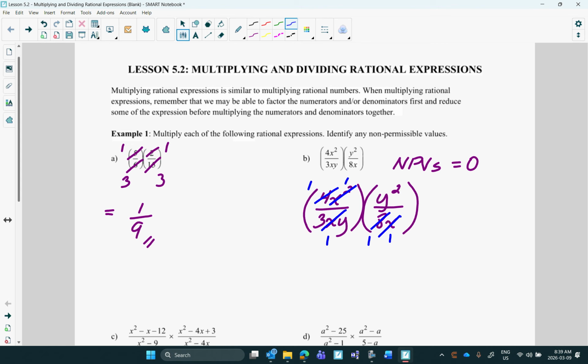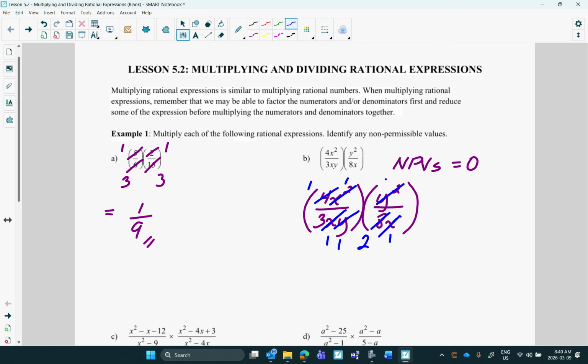How about the y's? Why is it 8, like 4 and 8? Why isn't it 8, 2? Oh, sorry, it should be 2. What about the y's? How many y's could I reduce? 1, right? Because it's always the less of the 2. There's 2 up here, there's 1 down here, which means the most I can divide is y. So y divided by y is 1.